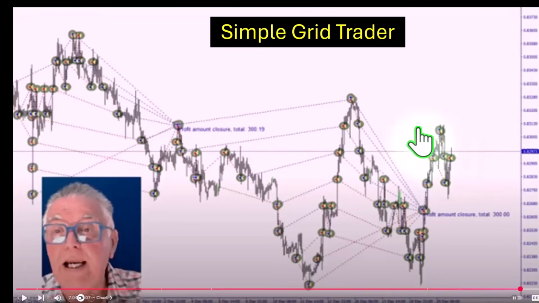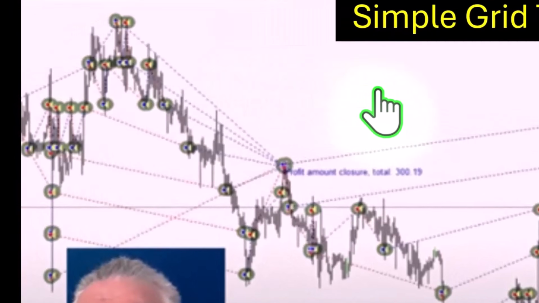So this is the grid system, and what the grid system does, it enters a buy and a sell at each level, cashes in the positive trade, and leaves the negative trade to run. And therefore it cashes in a lot, and I'll just go through it. There it's cashing in, cashing in, cashing in, and there it cashed in a number of times at the same level, cashed in, and so on.